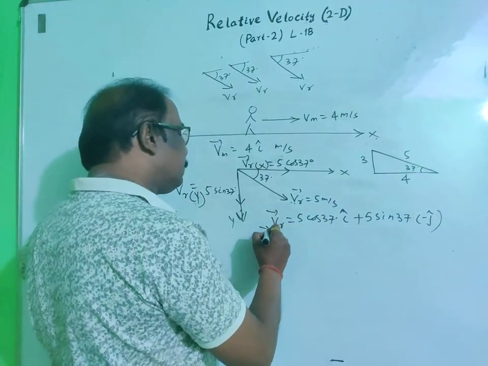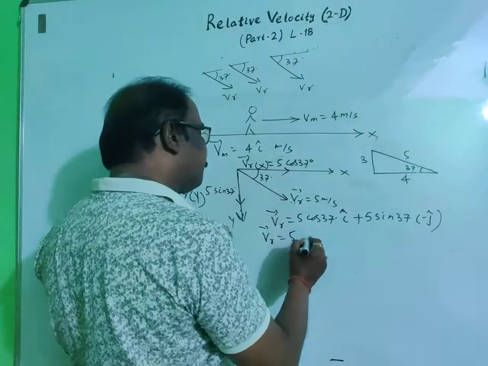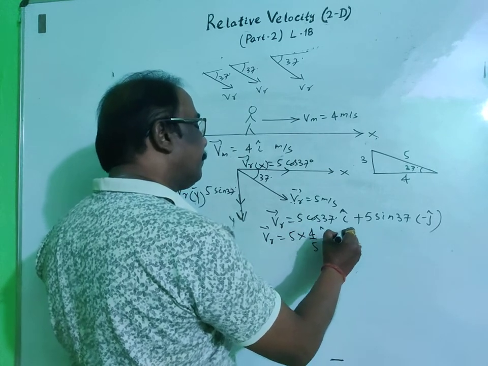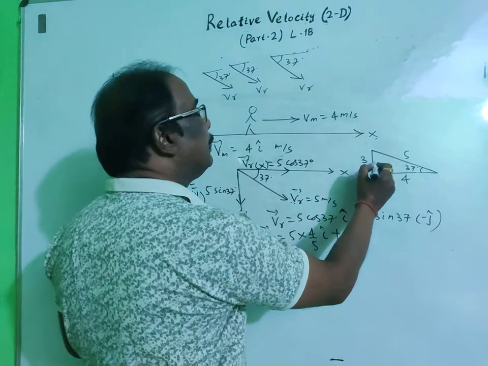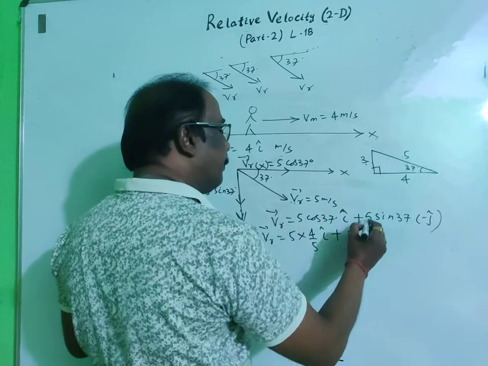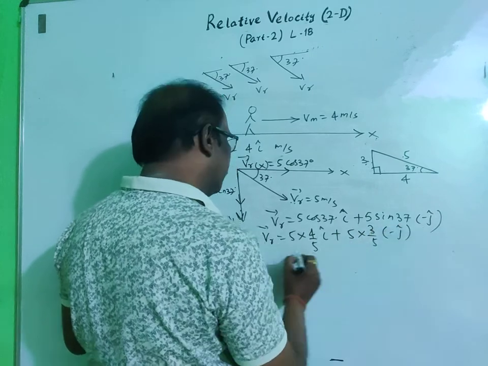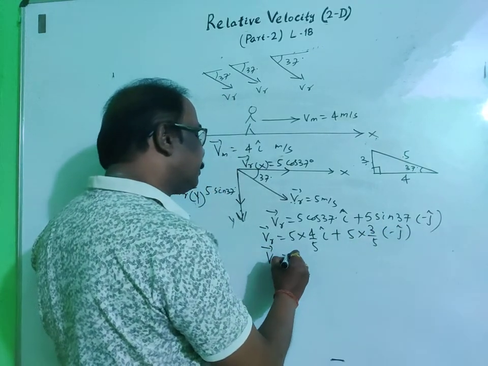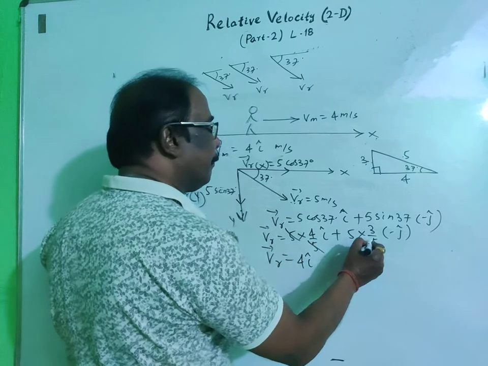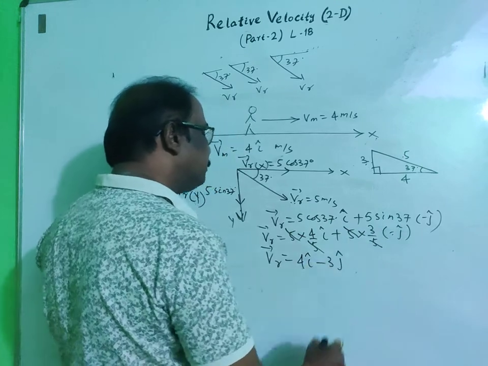Then VR is equal to 5 cos 37. Cos 37 is 4 by 5, into i cap, plus 5 sin 37, this is 90 degree, perpendicular upon hypotenuse, 3 by 5, into minus j. Then velocity of rain is equal to 4 i cap minus 3 j cap.